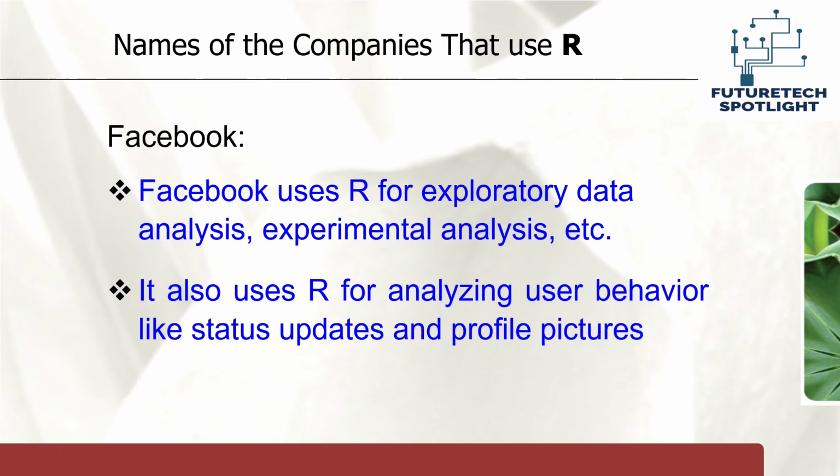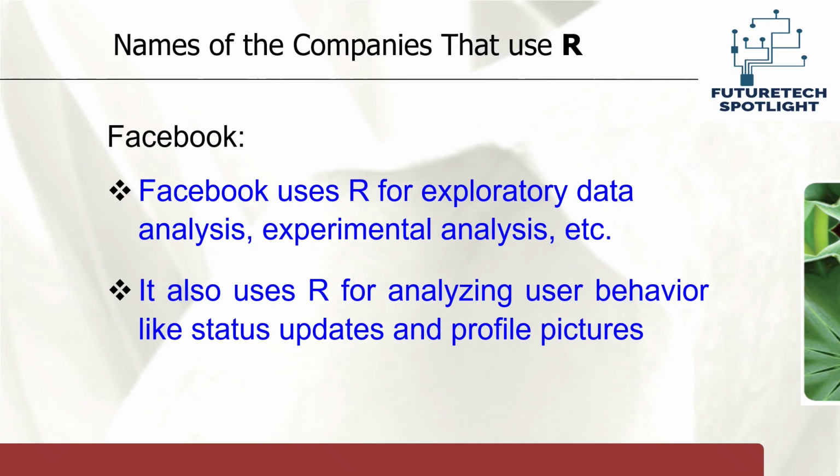Now, a particular user is checking in more at a music shop, let's say for example. It means that the person is very much interested in music. So if any type of rock concert is there in that particular area where the person is staying, because location is also there with Facebook, this is target marketing, you can say, and they can easily give an advertisement or a discount for that concert, and they can sell tickets.